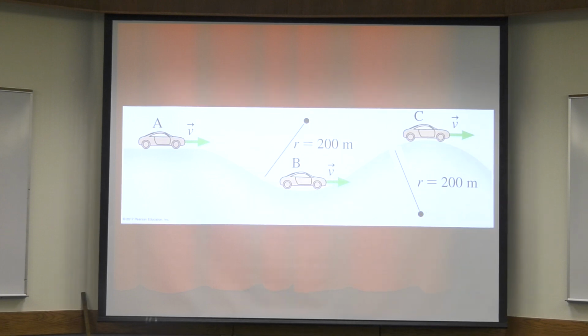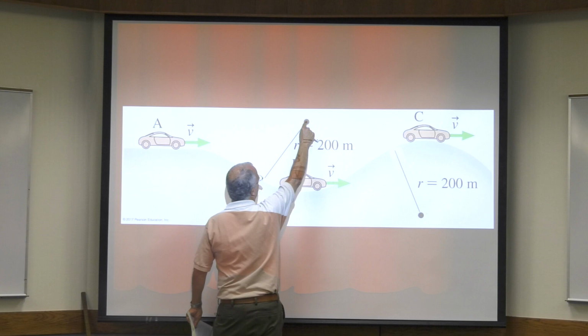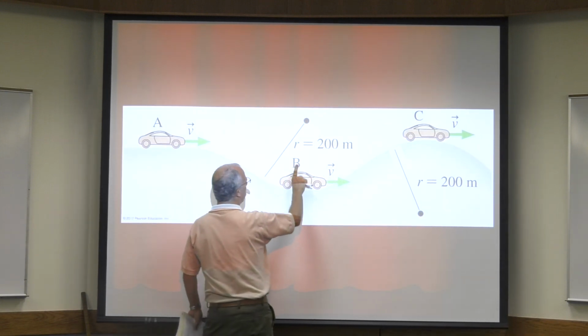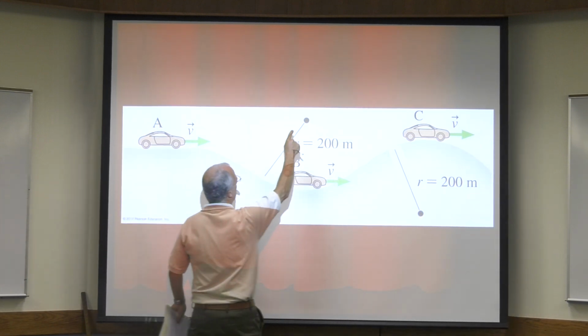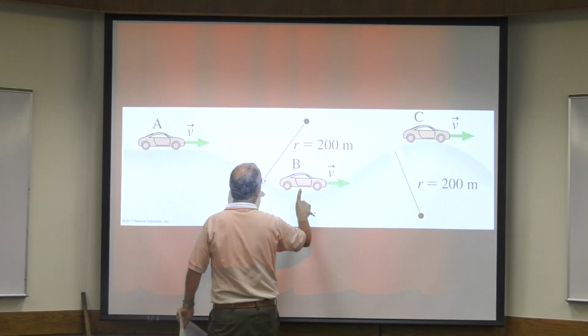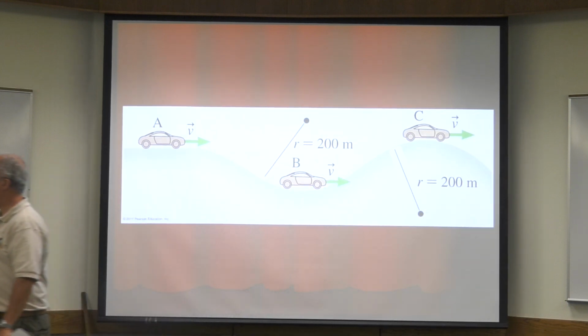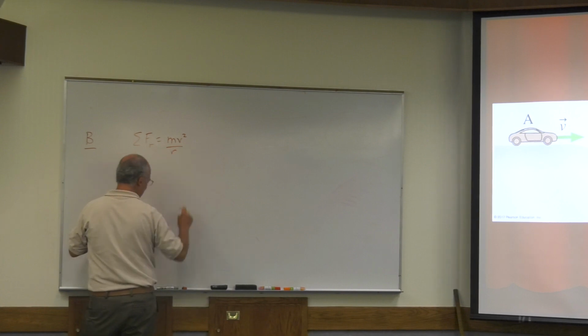Okay, now notice, this is the center of the circle, right? So what are the forces acting on the car? There's the normal force, and there's the weight. But this is the circle center, so the normal force points towards the center. So remember, don't even think, just write it down. Sum of the radial forces equals mv squared over r.